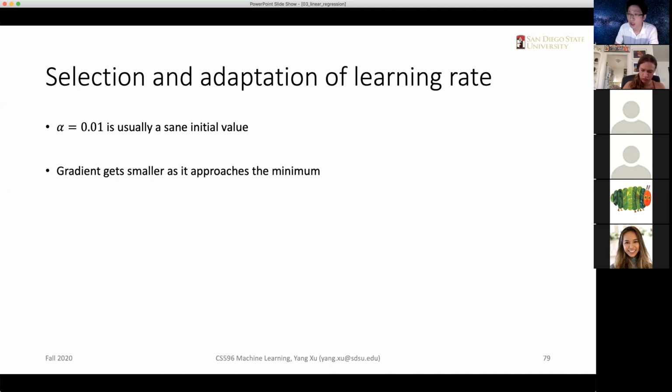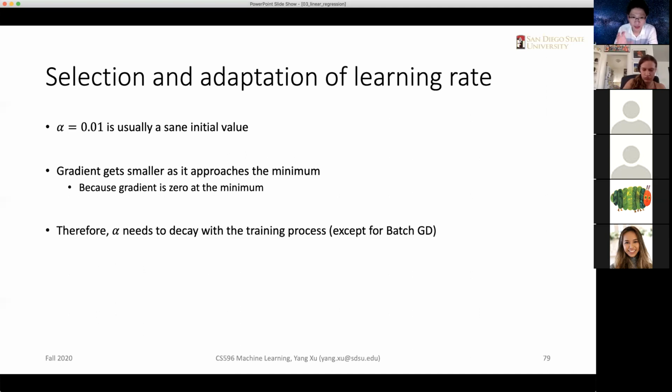The second important thing is that we want to adjust the learning rate when we are approaching the minimum point. I said before that the gradients get smaller when approaching a minimum. So we also need to decay alpha along the process of training.